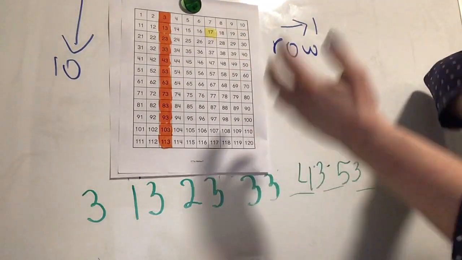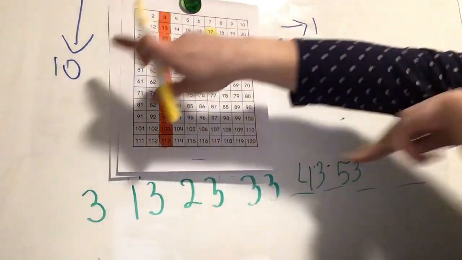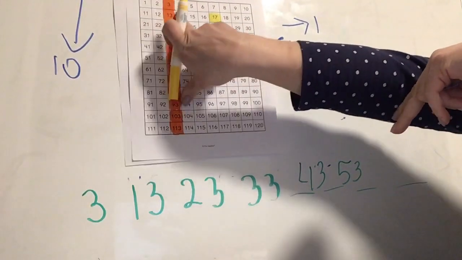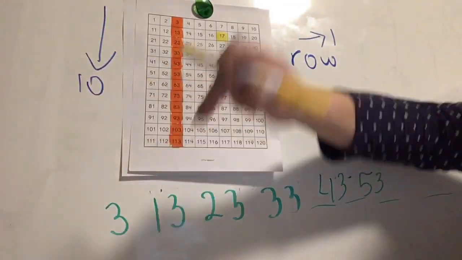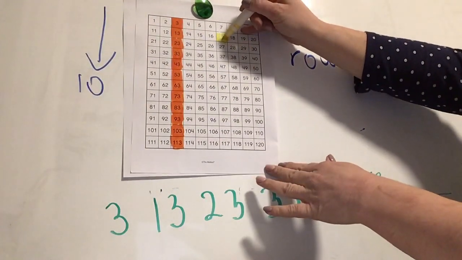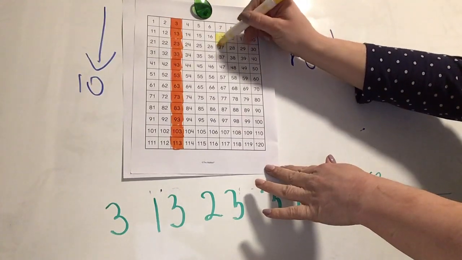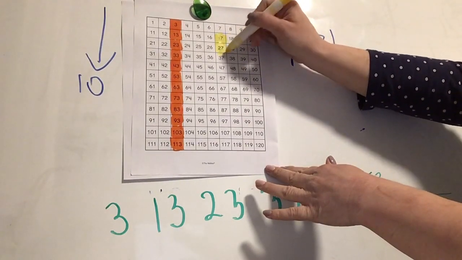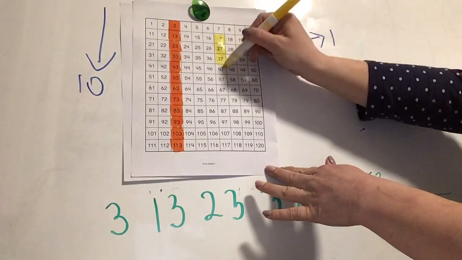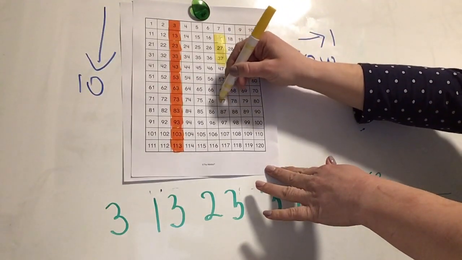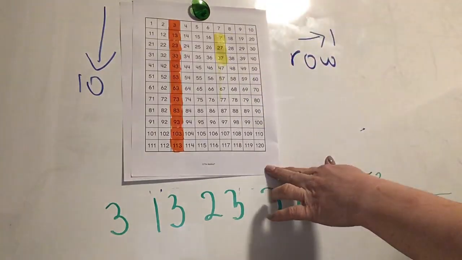What is my job? I need to count by 10. Remember, when I count by 10, I go down. So what's going to be the next one when I count by 10? 27. Then 37. Again, my ones place is the same. What changes is my tens place.